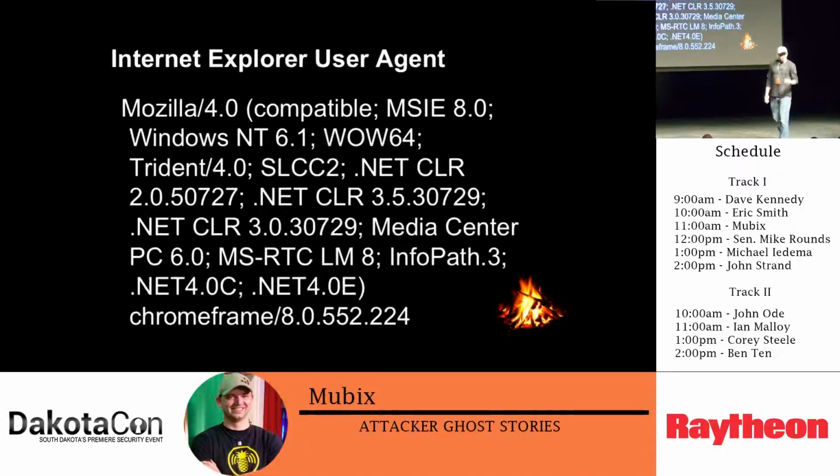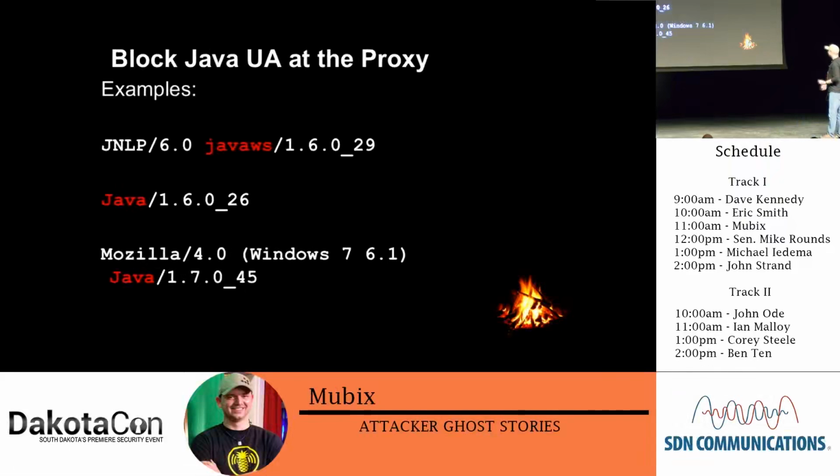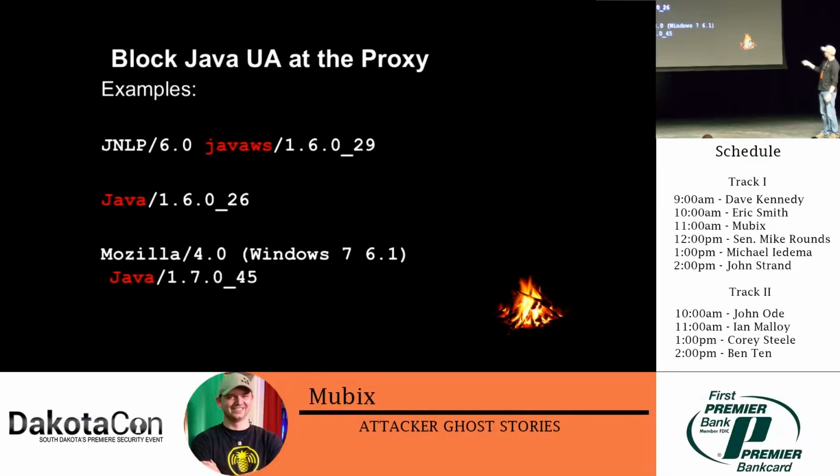So the cool thing is that once the Java plugin is enabled or triggered by a Java application, the request for that application actually comes from the Java process. And the Java process has a different user agent. So when I see this come across, or this come across, or this come across inside of my weblogs, guess what I do?